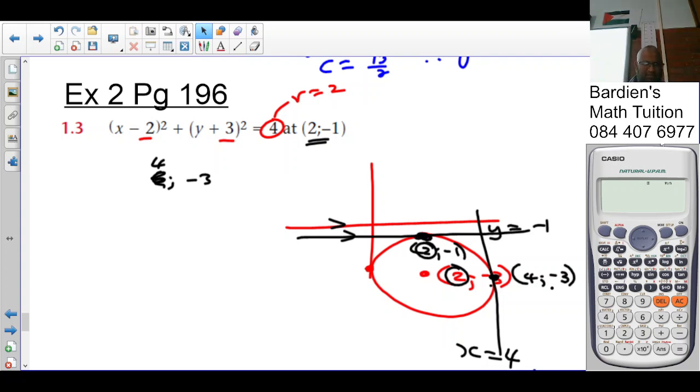You had to do numbers 1 and 2. Any problems with number 1?